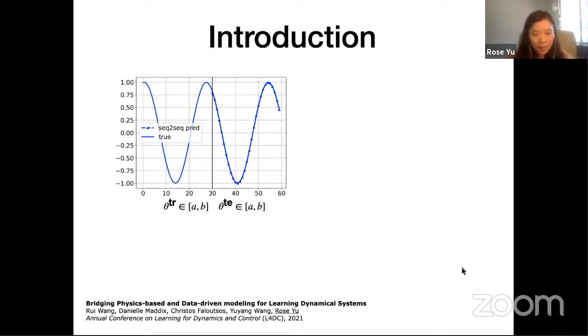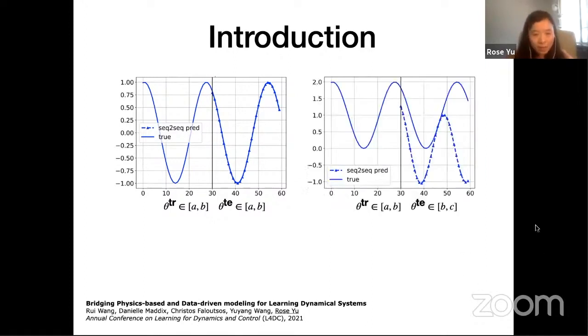Now let's look at a slightly different setup. Let's say we have the same dynamics function where the training parameters still come from the interval A and B, uniformly sampled.